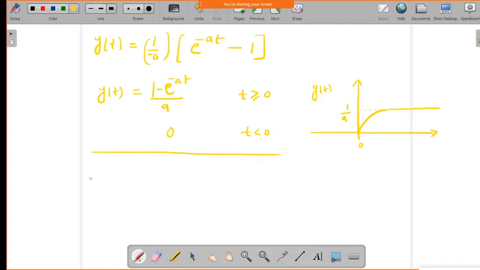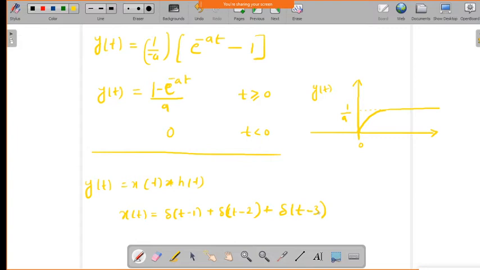Now take this one and try to do it. Find y of t, which is the convolution of x of t and h of t, where x of t is equal to del of t minus 1 plus del of t minus 2 plus del of t minus 3.